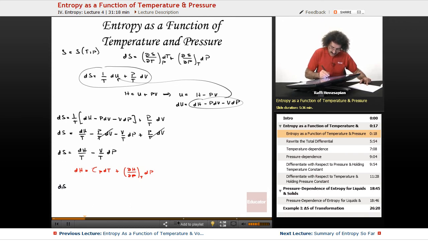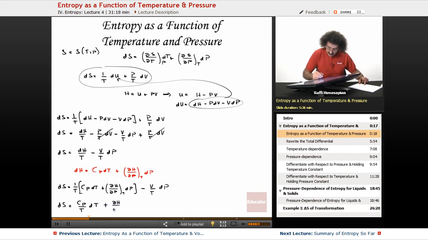We get dS is equal to 1 over T times Cp dT plus (∂H/∂P) at constant T dP minus V over T dP.